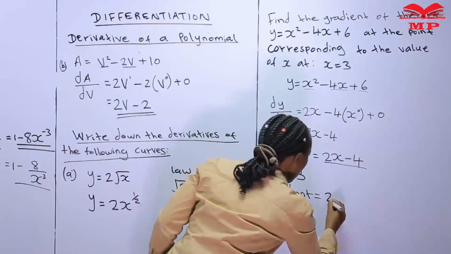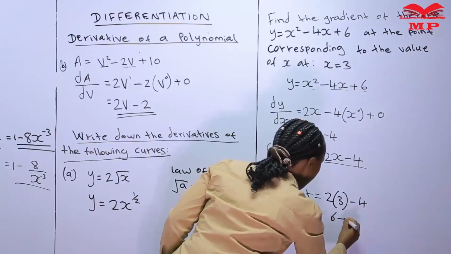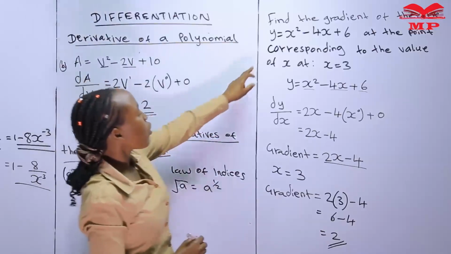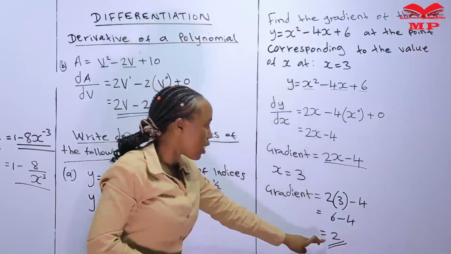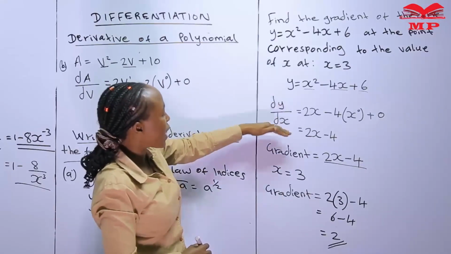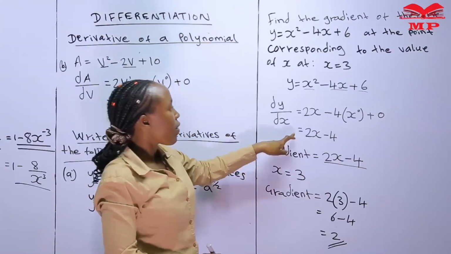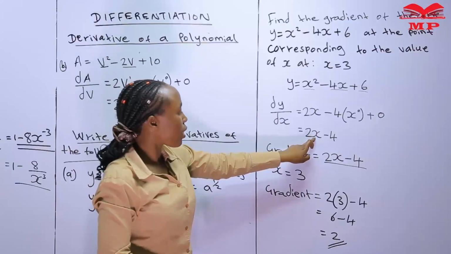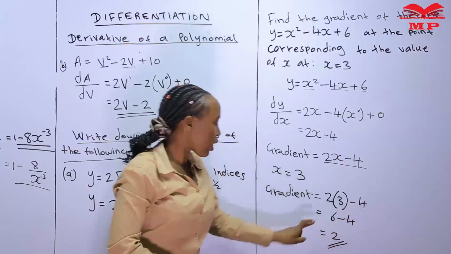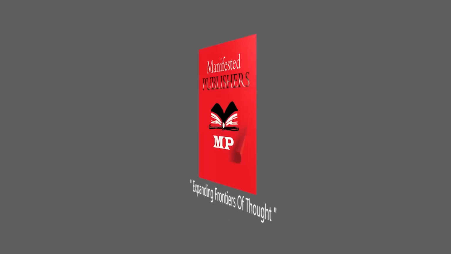So we are going to have 2 multiplied by 3 minus 4, which is 6 minus 4, which is equal to 2. So our gradient at the point corresponding to x is equal to 3 is equal to 2. So when you are given the equation of the curve, you need to get the gradient function, dy over dx. Then if it is at point x equal to 3, you substitute x with 3, and you get the gradient, which in our case is equal to 2.